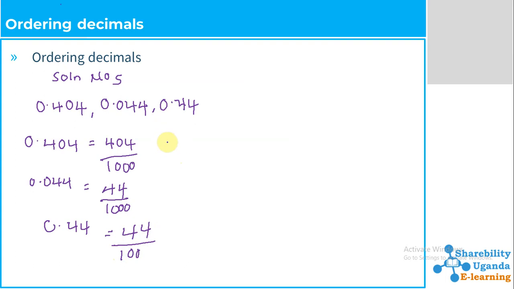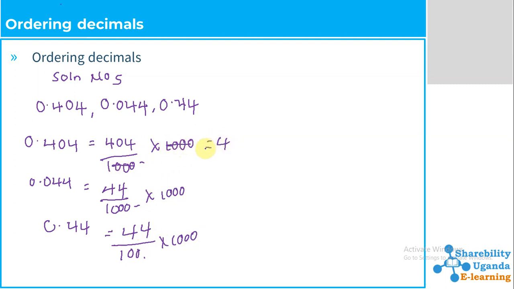Okay, so now we look out for the factor that can divide these denominators of ours. We have 100 and we also have 1,000. So we can use 1,000 for all of these. So we multiply by 1,000, also multiply by 1,000, also multiply by 1,000, such that our number here is going to cancel.